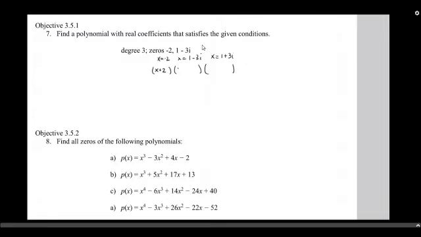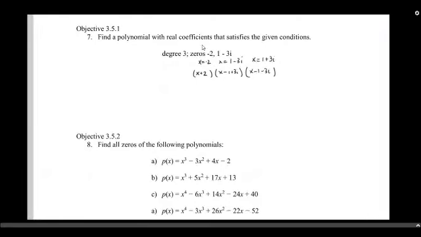So it would be x minus 1 plus 3i. And then here, if I subtracted the 1 and then subtracted the 3i, that would give me x minus 1 minus 3i.